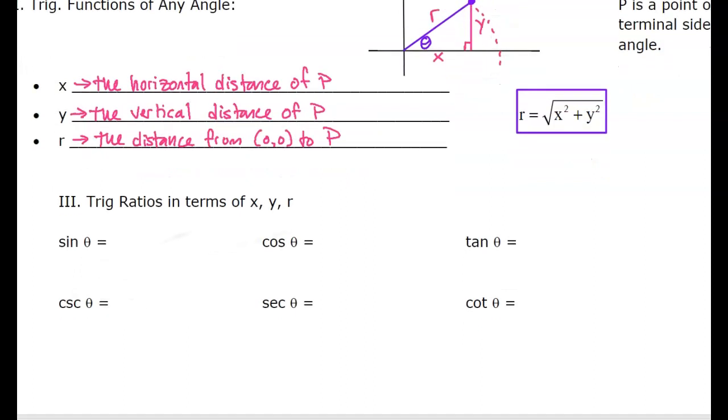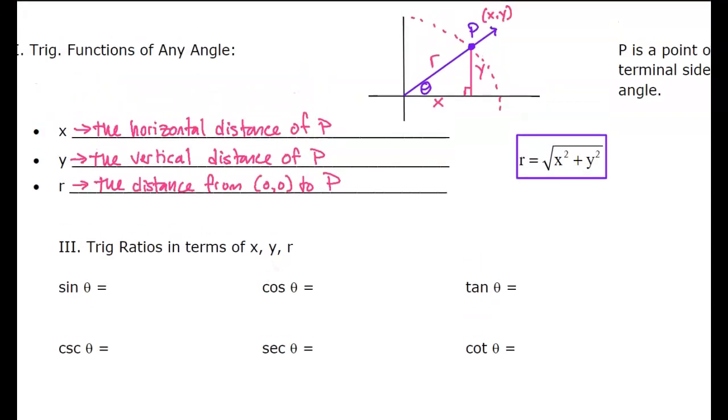sine, what would my sine of theta ratio be in this triangle? Yes, O over H, y over r. What about cosine? x over r, wonderful.